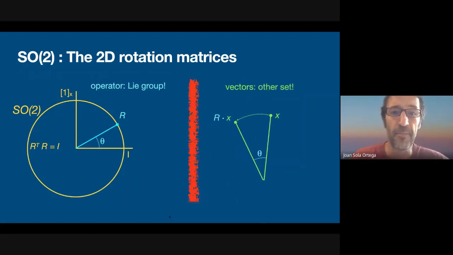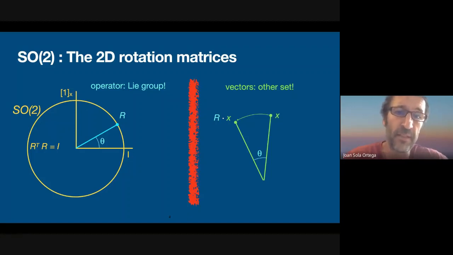As I said, we will separate these two types of elements. In this case, it's very clear because on the right you can see vectors, x or R times x, which are vectors. On the left you see matrices. R is a matrix. So we will separate these two sets of elements.